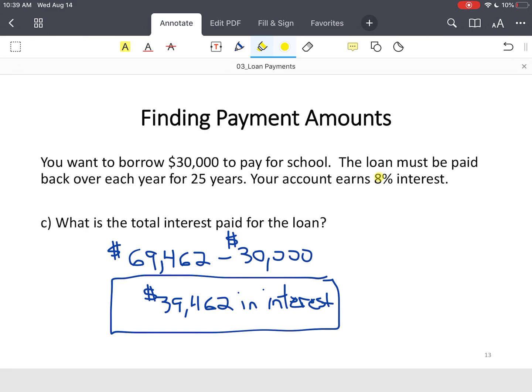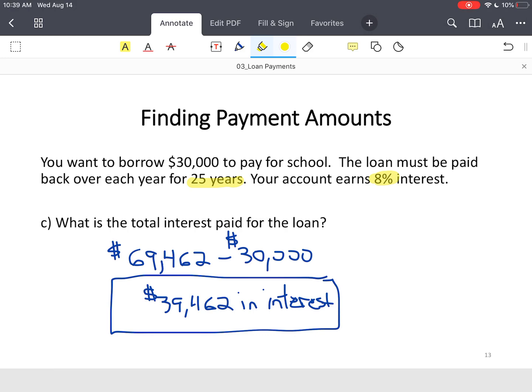The big issue in this particular problem was the interest rate was 8%. And it was a 25-year term. So don't stretch it out if you don't have to. The payment was relatively low, but over time you want to pay debt off as fast as you can.